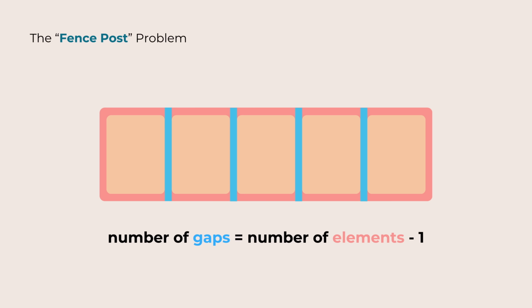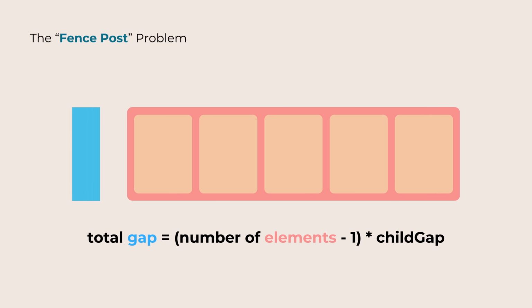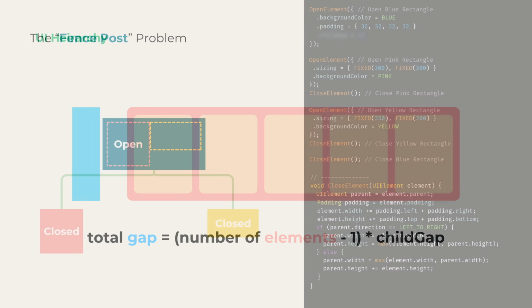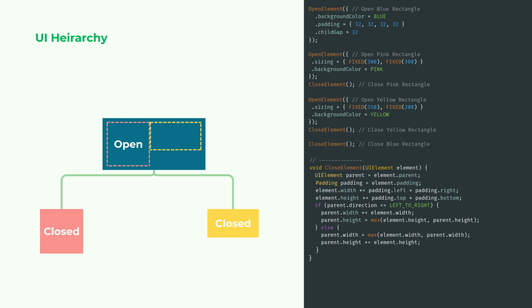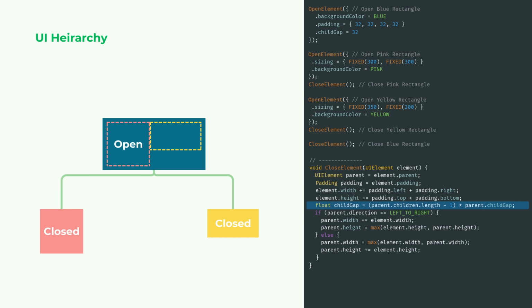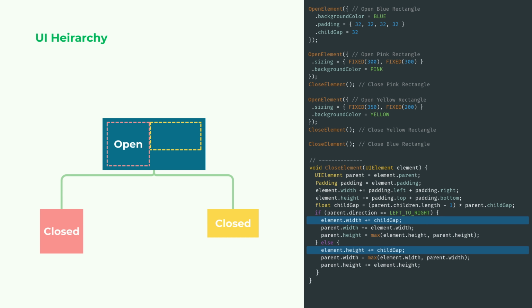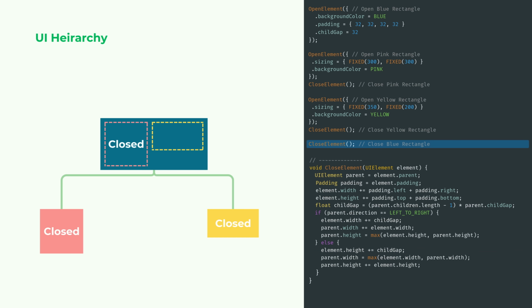As a result, rather than having to add up the gaps, we can just calculate the total size taken up by the gaps as the child gap value multiplied by the length of the children minus 1. This is trivial for us to implement, with the slight complication being that we only add child gap to the direction of the layout, so width if we're going left to right, or height if we're going top to bottom. We can now finish closing our root blue rectangle and we're done.